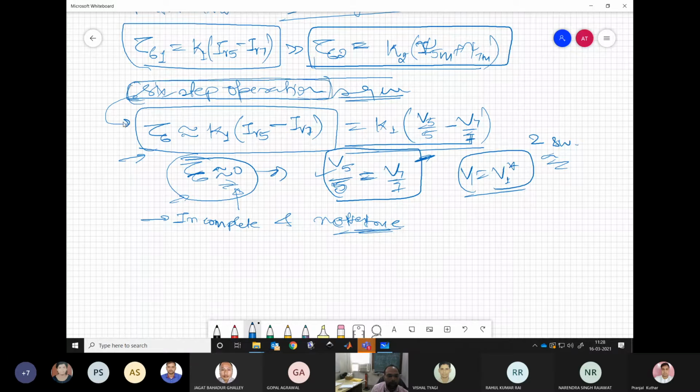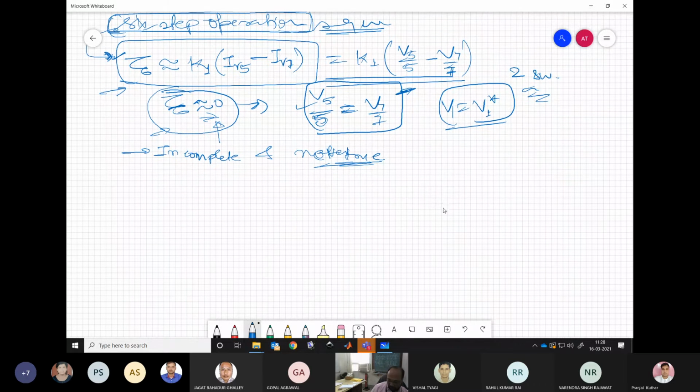This is only true for 6-step operation. The moment you have any switching angle in the system, this assumption falls, and we cannot hold this thing true. So let's say we have two switching angles in the quarter cycle, alpha 1, alpha 2, and this is pi by 2. Then this assumption is not true.